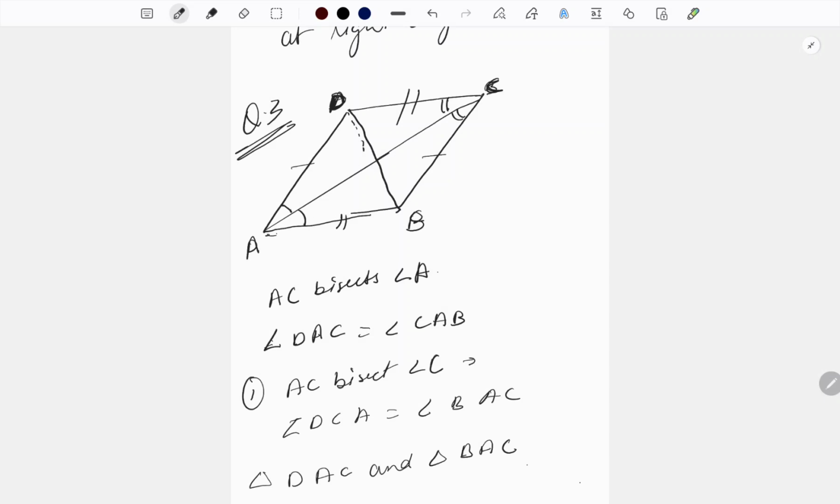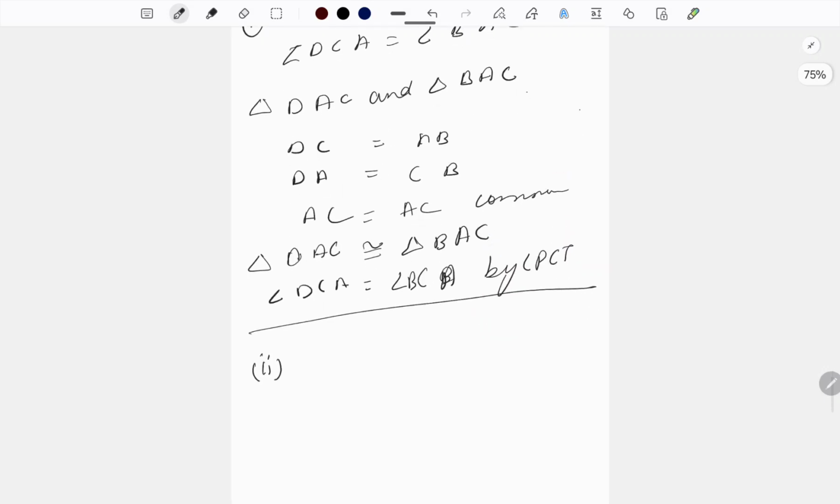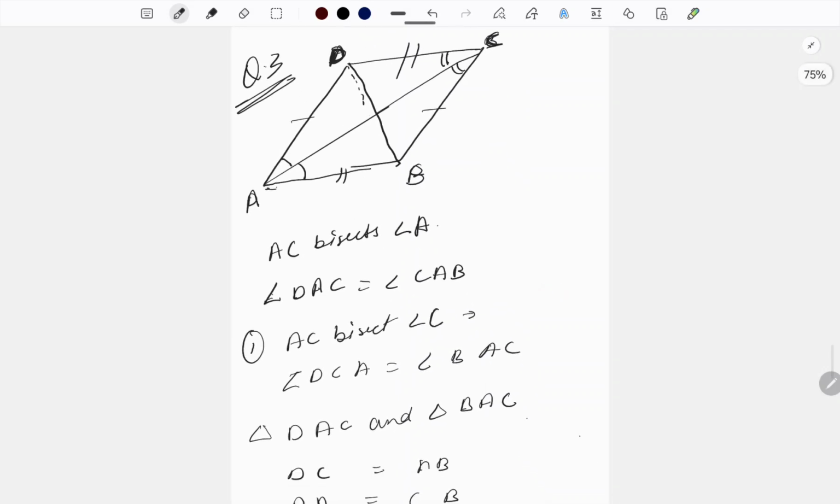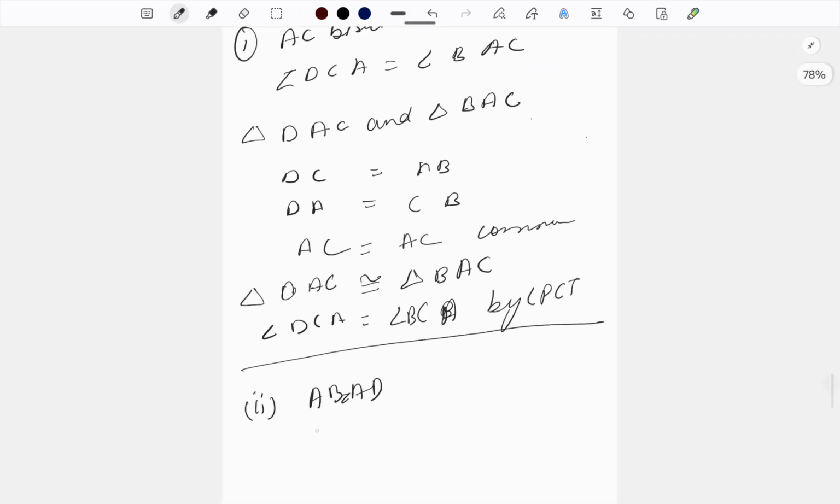Okay, but since these two are congruent, AB is equal to AD. Yes, AB is equal to AD and BC is equal to DC.